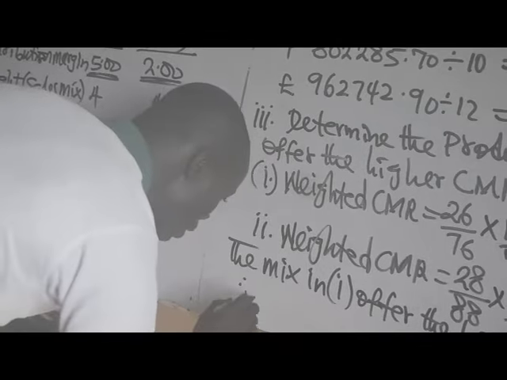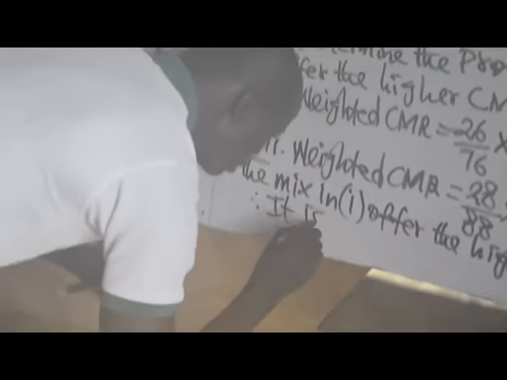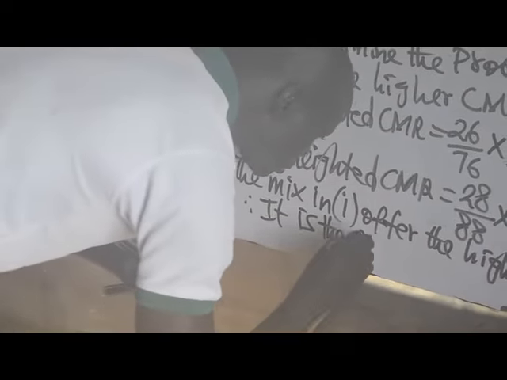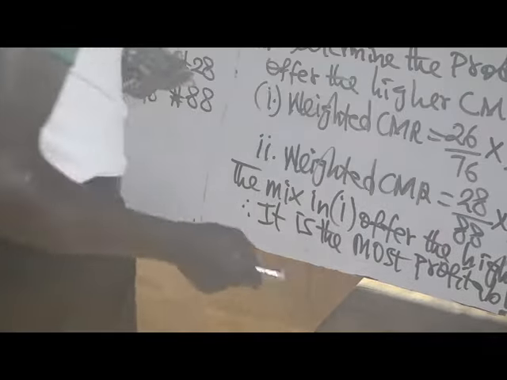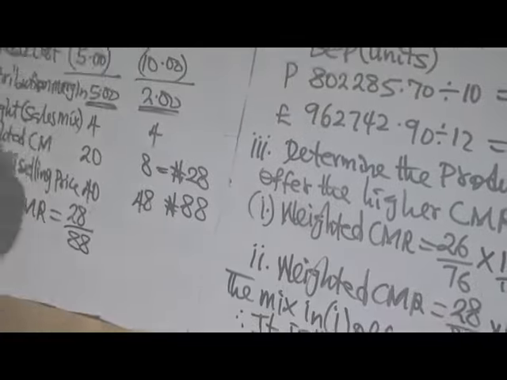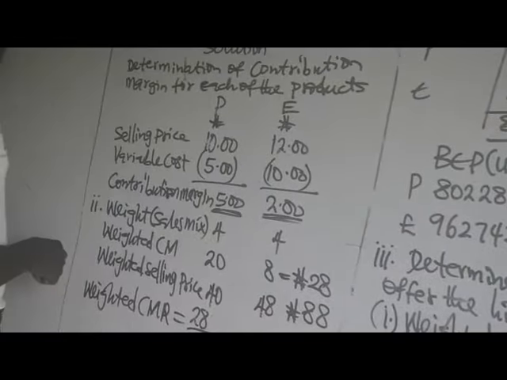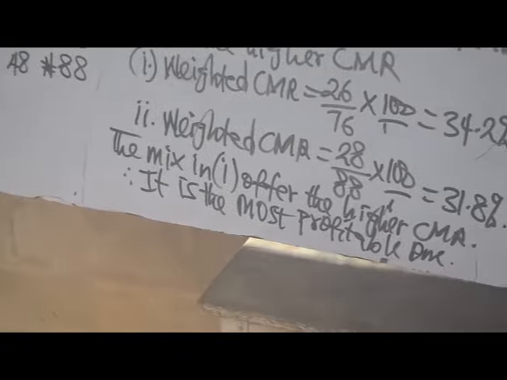Therefore, it is the most profitable one. The mix in 1 is the most profitable. That is the answer to Roman figure 3. Now, Roman figure 4.